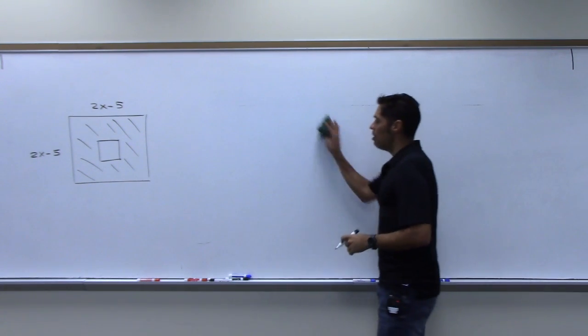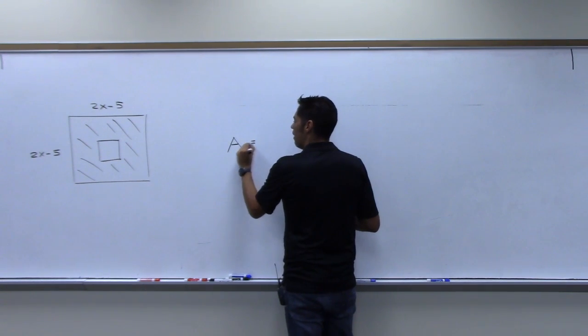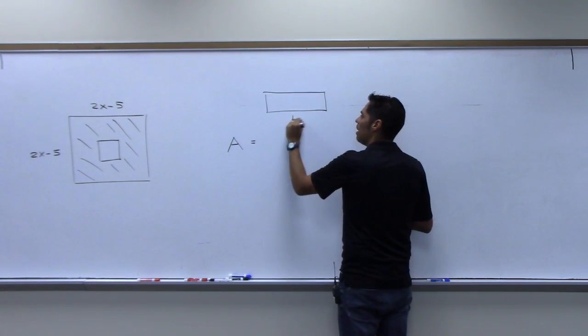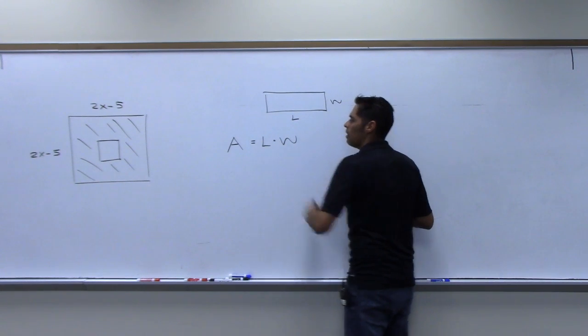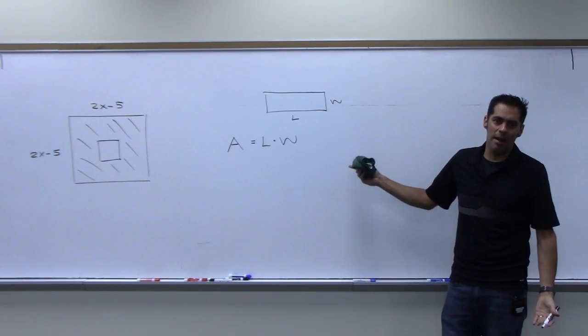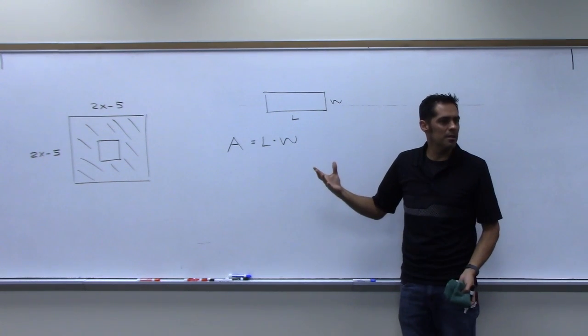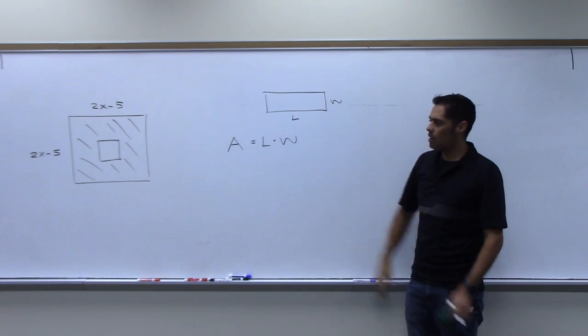Now we all have to know or remember that the area of a rectangle, like if someone gives you a rectangle, we call this length and we call this maybe width, then the area is length times width, right? Now if it happens to be a square, then of course the length and the width are the same, so it would just be that side squared.